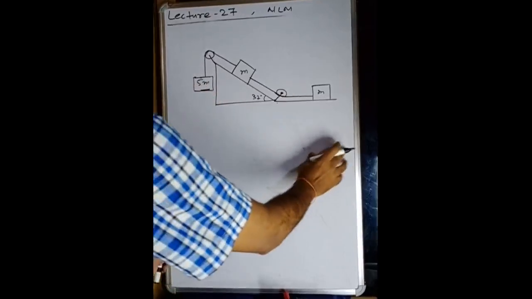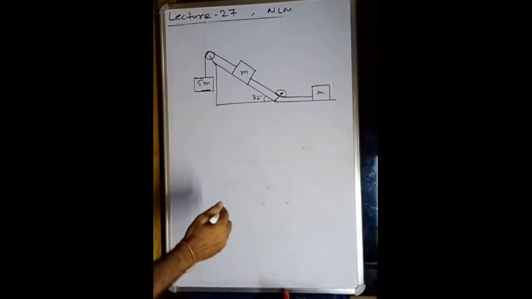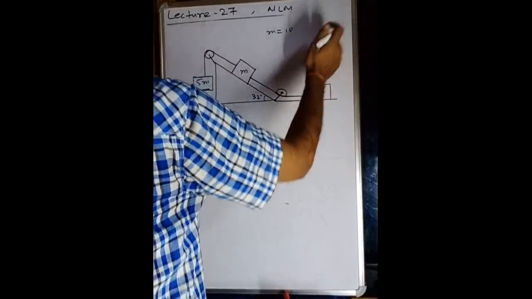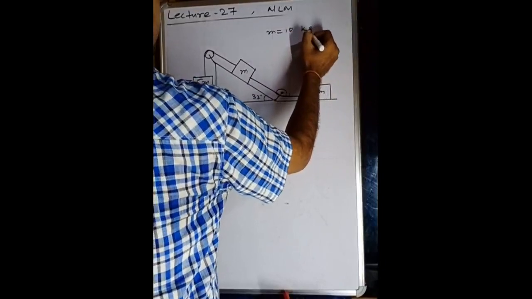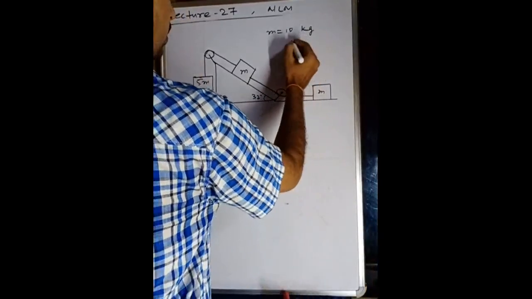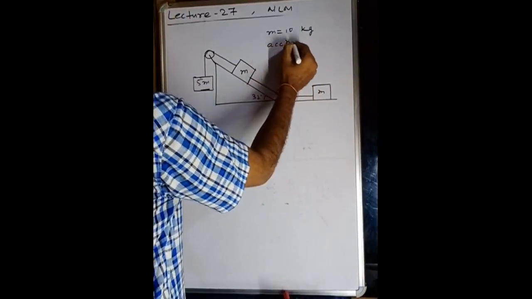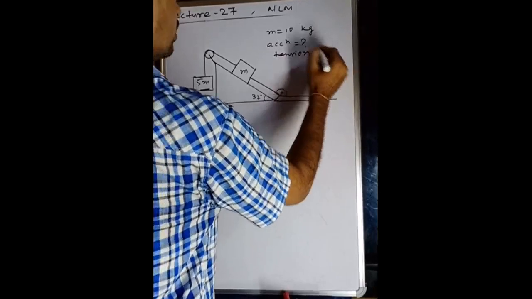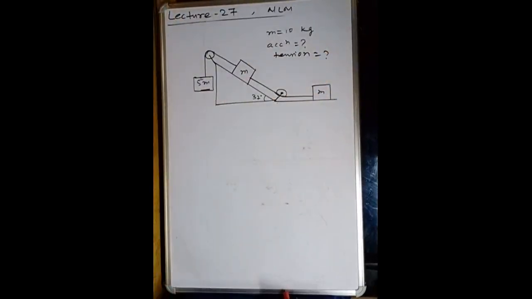Okay. This is the find. What we have to find? If M is 10 kg, then find acceleration and tension in each string. How will we solve? Nothing is given except this value. What will be the tension in each string and the acceleration of the system?